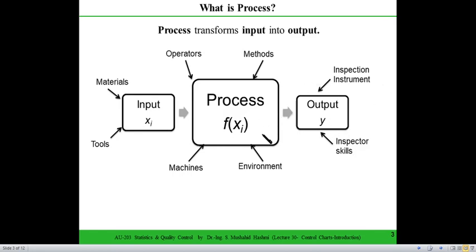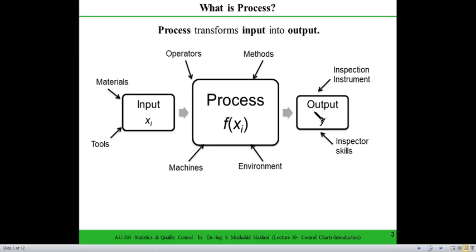Once we talk about a process, the efficacy of the process lies with what machines are used, what level of operators are used, what methods are used, and under what environment this process is taking place. All these are factors responsible for turning the input into an output.